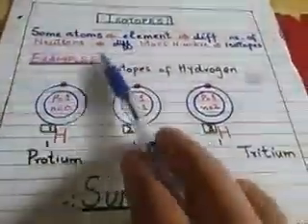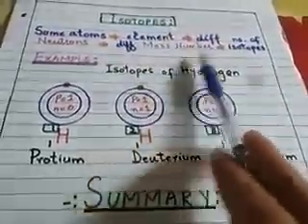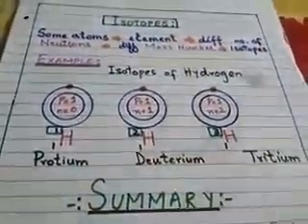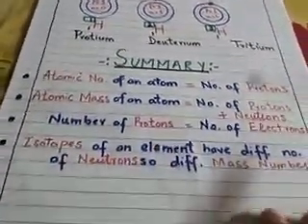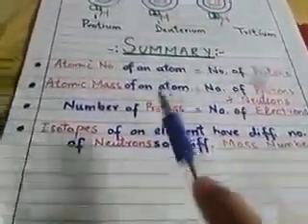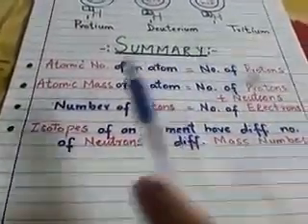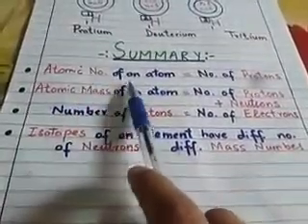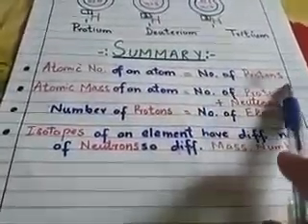So isotopes are the atoms of the same element which have different number of neutrons, hence they have different mass number. Up till here we have discussed atomic number, mass number and isotopes. Now here is a brief summary of this whole topic, and the important points we learned today are: number 1, atomic number of an atom is equal to its number of protons.